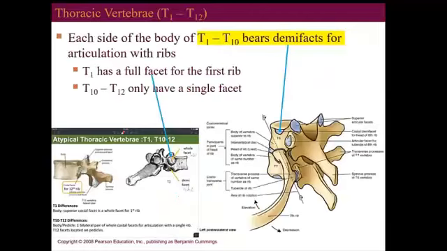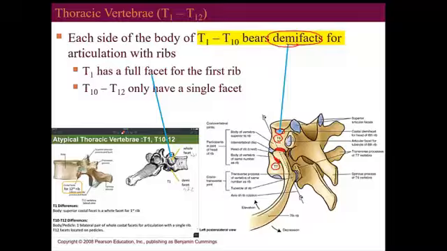Now your thoracic vertebrae actually have demifacets. And what is a demifacet? These are your demifacets here. The ribs articulate with half of each vertebra on subsequent vertebrae. So this rib articulates with the demifacet of T6 and also articulates with the demifacet of T7.